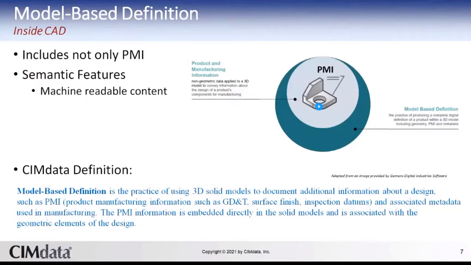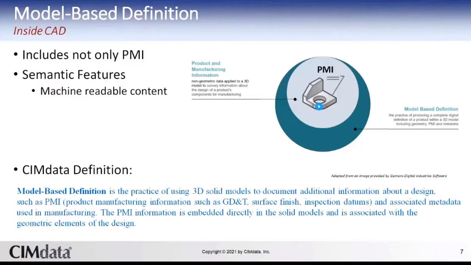As we move on to model-based definition itself, SimData defines model-based definition as the practice of using 3D solid models to document additional information about a design, such as PMI, the product and manufacturing information, including GD&T, surface finish and inspection datums, and associated metadata used in manufacturing.